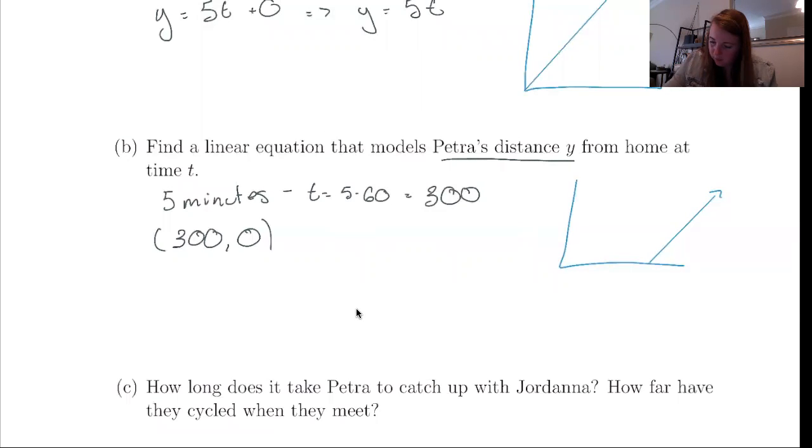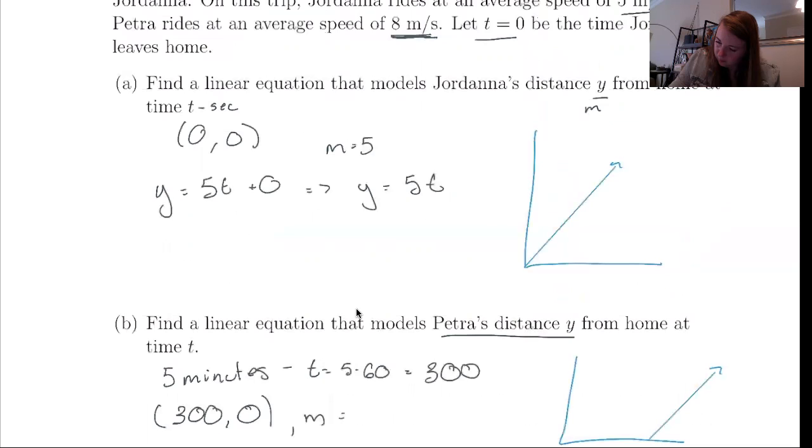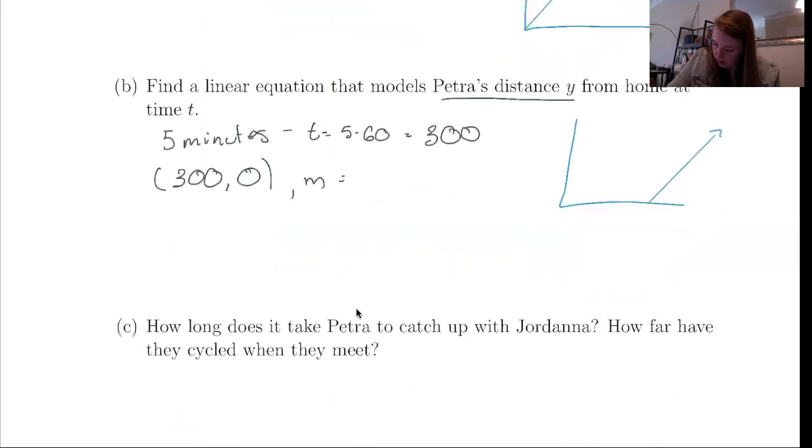And we know her slope is, what? 8? Okay, yeah, 8 meters per second. So we can do point slope.